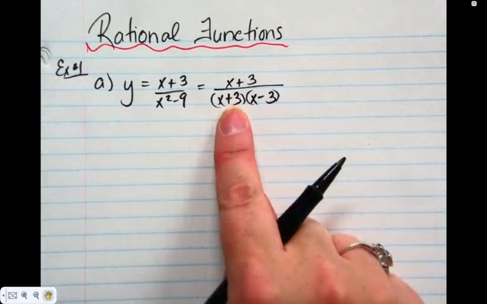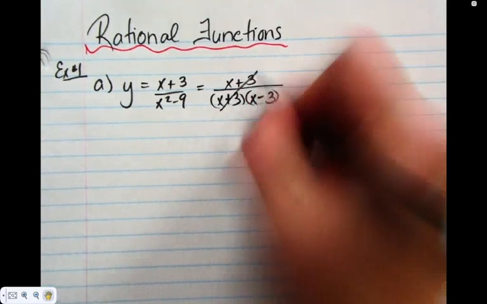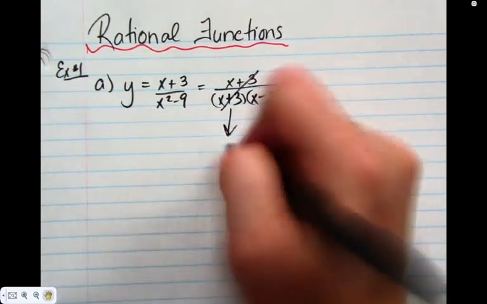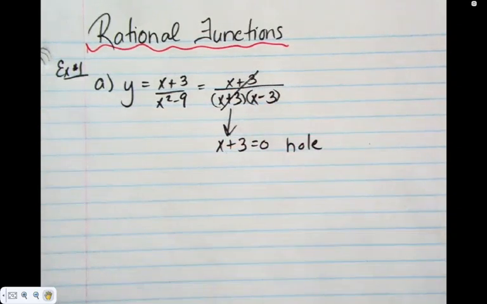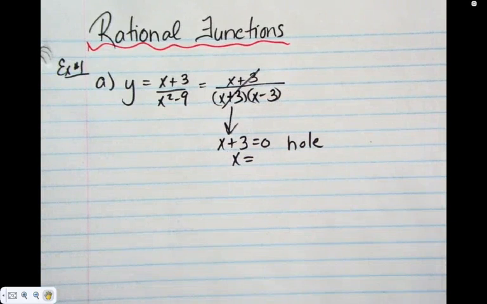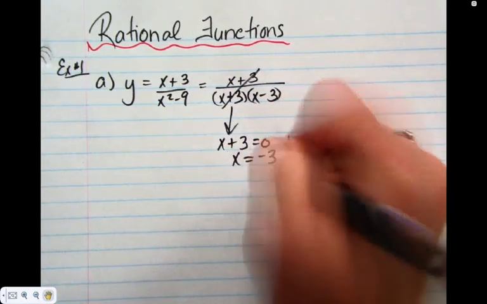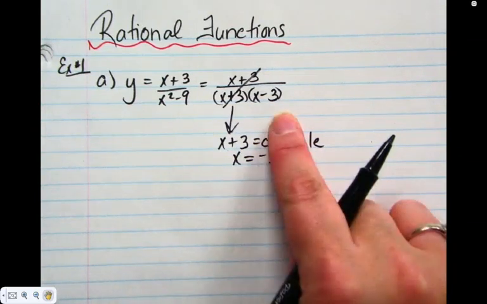What do you notice about the x plus 3 on the bottom and the x plus 3 on the top? It cancels. What that tells you is that x plus 3 equal to 0 is a hole. And the hole occurs at x equal to negative 3. Did x minus 3 cancel?